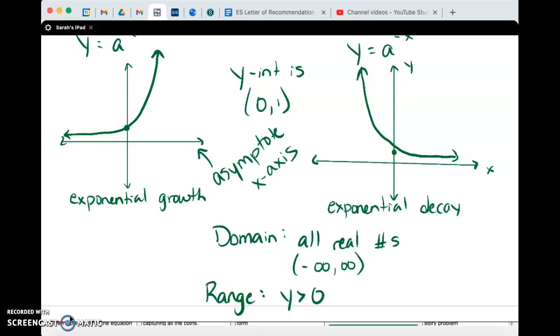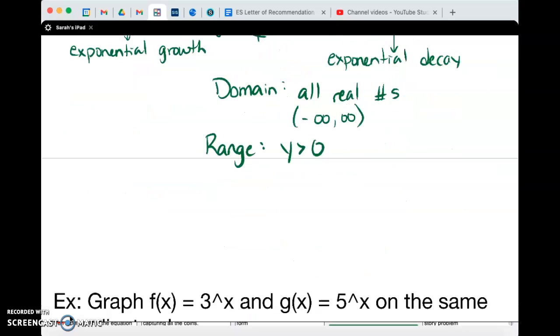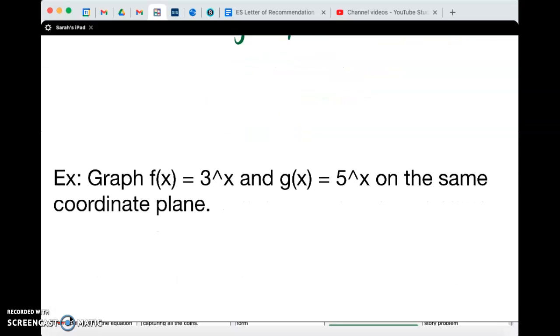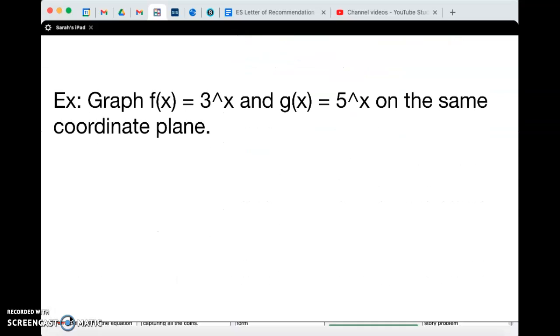Okay. Let's graph some things. So we're going to graph both of these: f of x equals 3 to the x power, and g of x equals 5 to the x power.